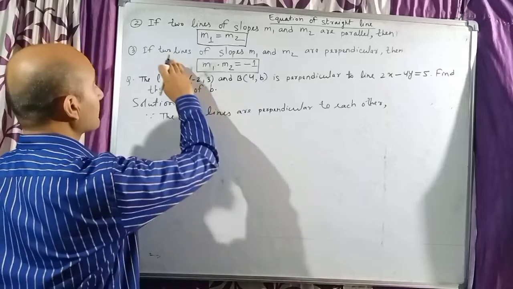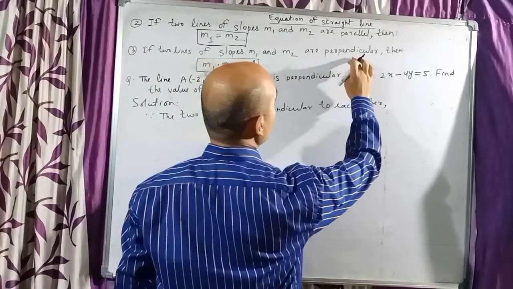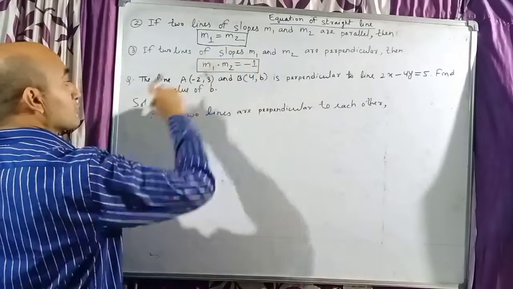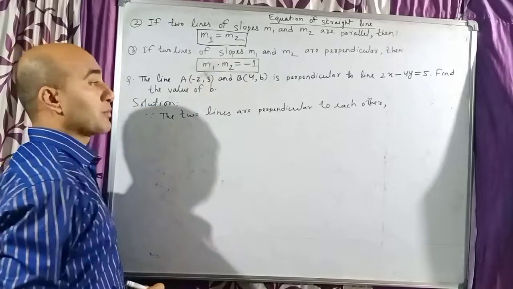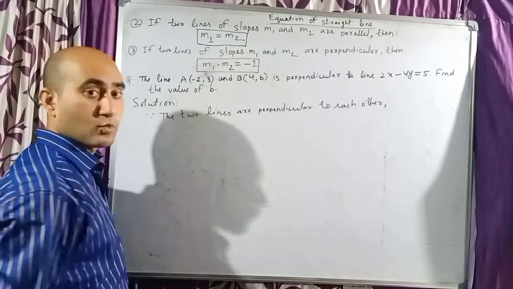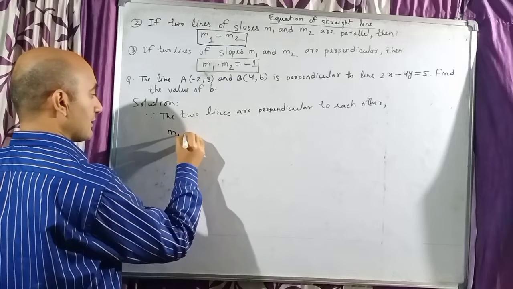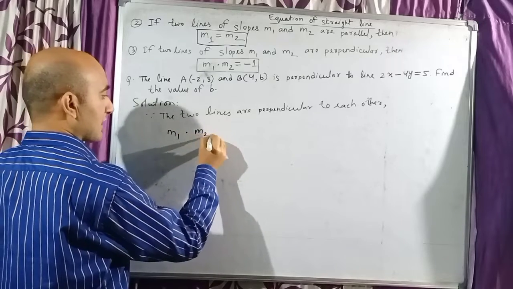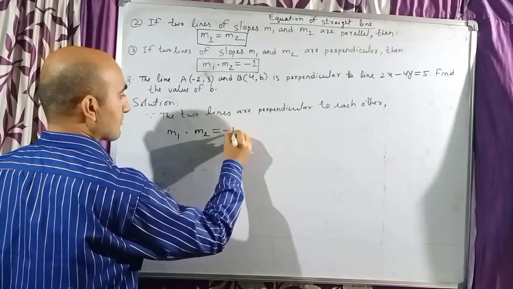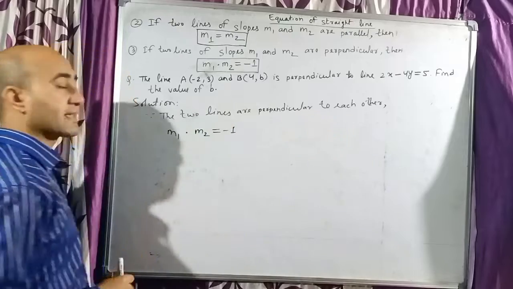And just now we have learned, when two lines are perpendicular to each other, slope of the first one multiplied with slope of the second one equals -1. So you can do like that: m1 into m2 equal to -1, because the two lines are perpendicular.